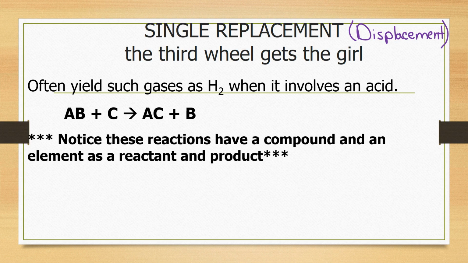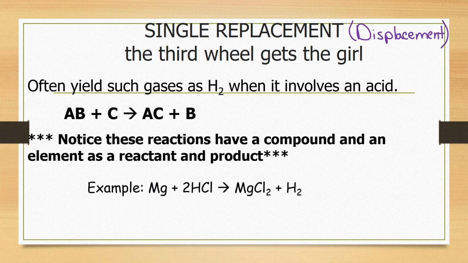So they go out to dinner or whatever, and eventually through the night, AC leaves together and leaves B wherever they were at. All right. So element or student C replaced student B in this relationship. And I guess they are no longer best friends.